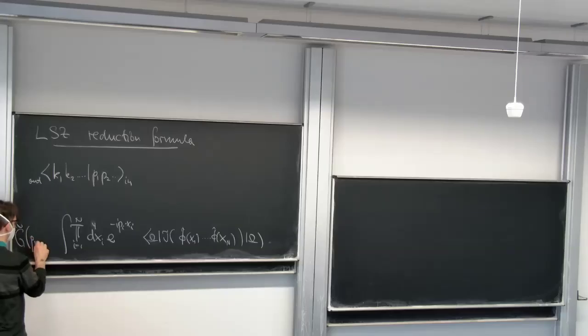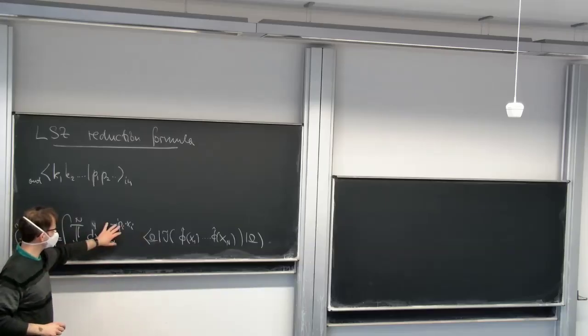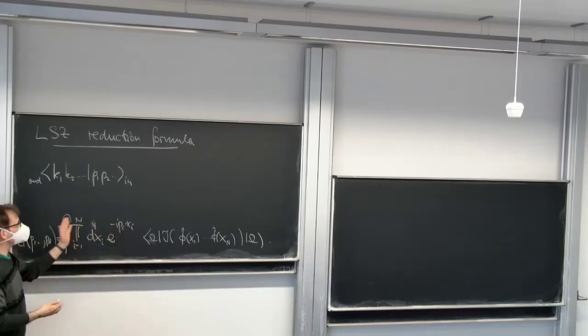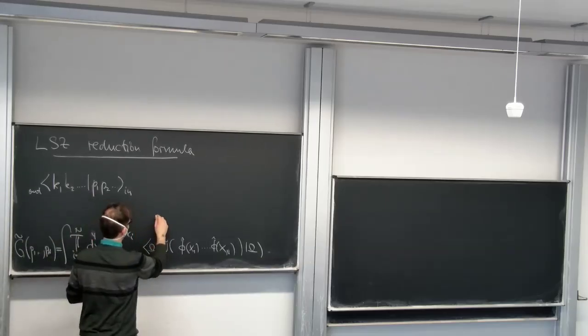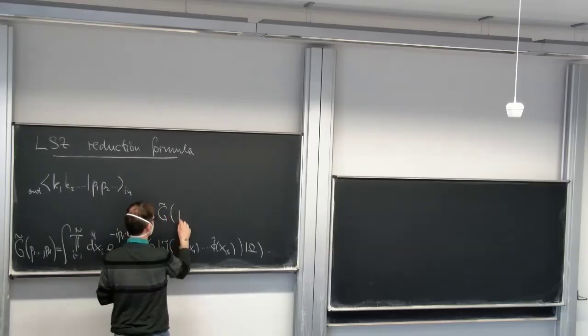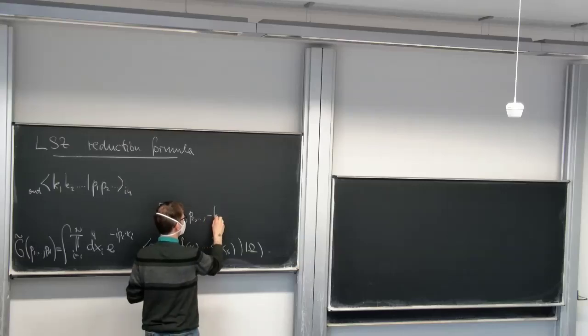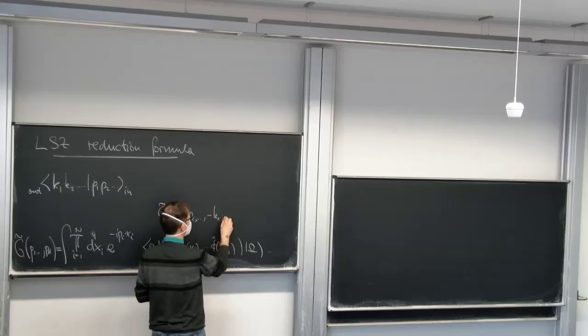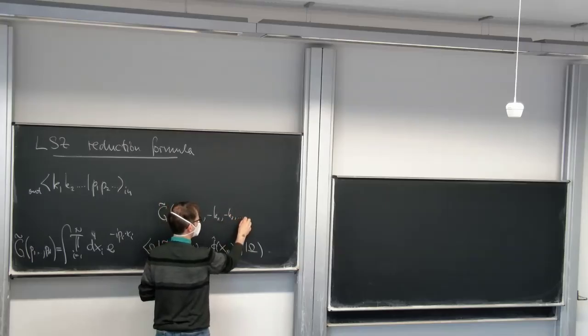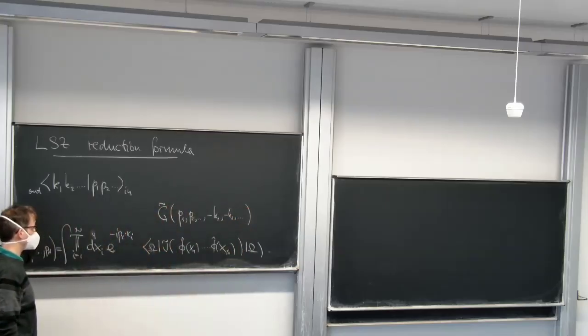It's a function of the momenta p1 to pn. And here, for simplicity, everything is the same kind of particle. Here we have in and out, so we distinguish. What goes there is the G with the incoming momenta, p1, p2, and so on, and then the negative of the outgoing, minus k1, minus k2, and so on.